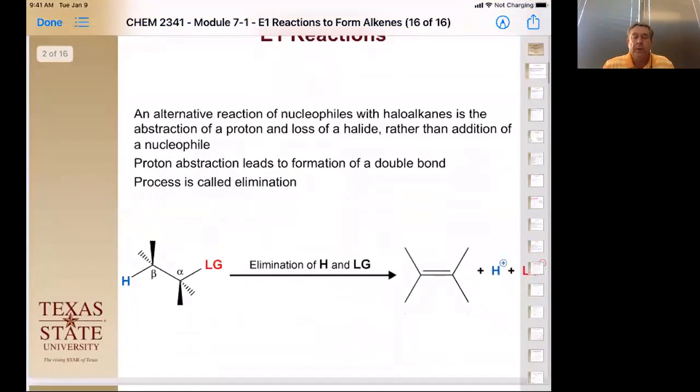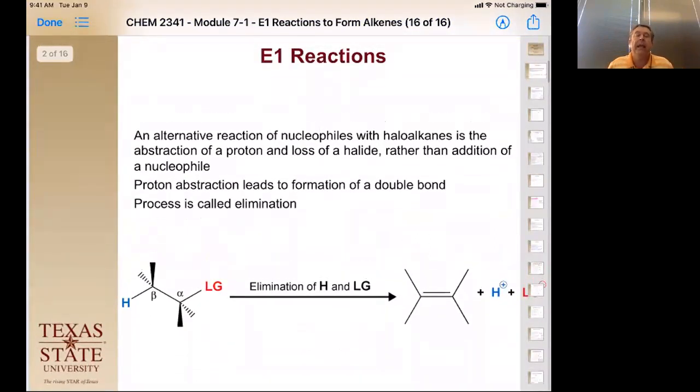In the case of an elimination reaction, we're going to use a base, and it's going to remove a halogen and a hydrogen from two adjacent carbons, giving us a double bond between them. So we need to figure out which hydrogen is going to be removed and where your double bond is going to form.